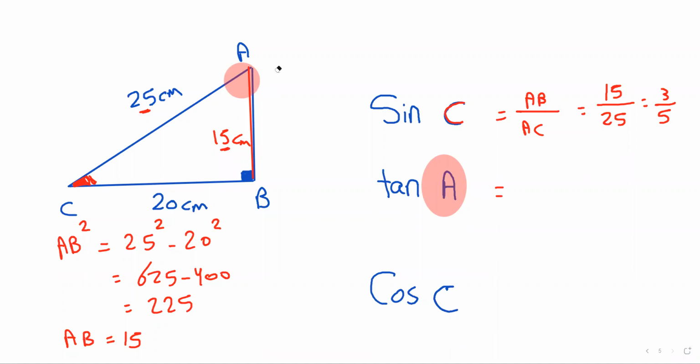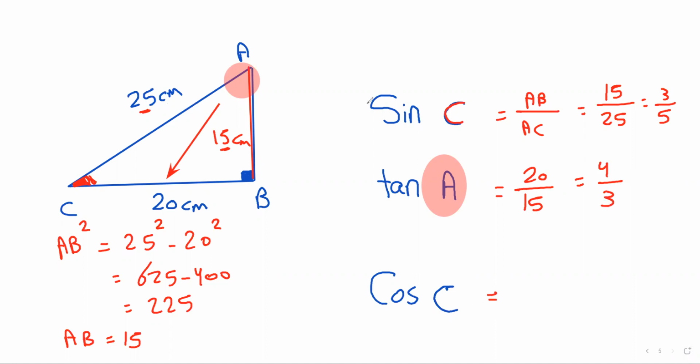In this case, this side is the opposite. So tan A equals opposite over adjacent equals 20 over 15. Once again, tan A is opposite over adjacent. Opposite is 20, adjacent is 15. We can simplify, divided by 5, 4, and divided by 5, 3.